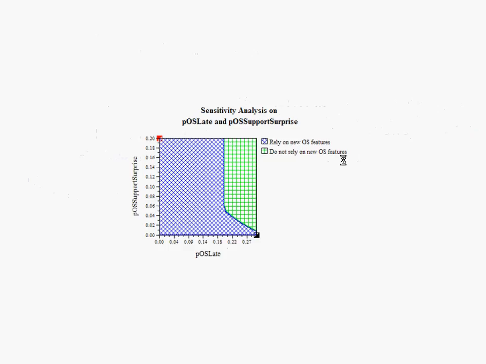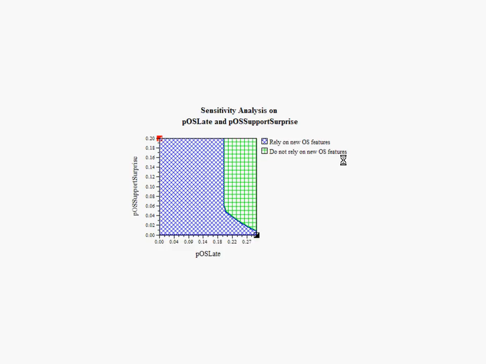And sometimes you get very interesting little spaces here where you could have a broad set of uncertainties about the probability of the OS being late and about the likelihood that there's kind of a surprise in terms of unexpected incompatibility between your software and the other one.